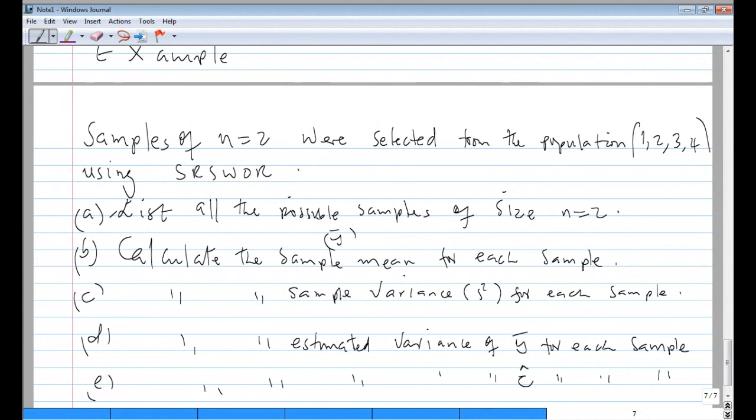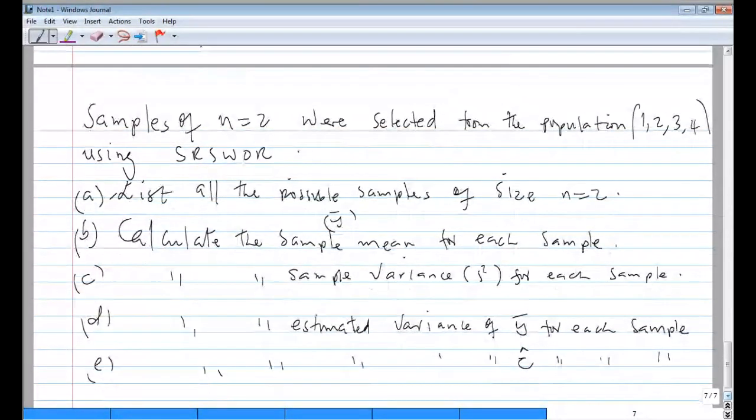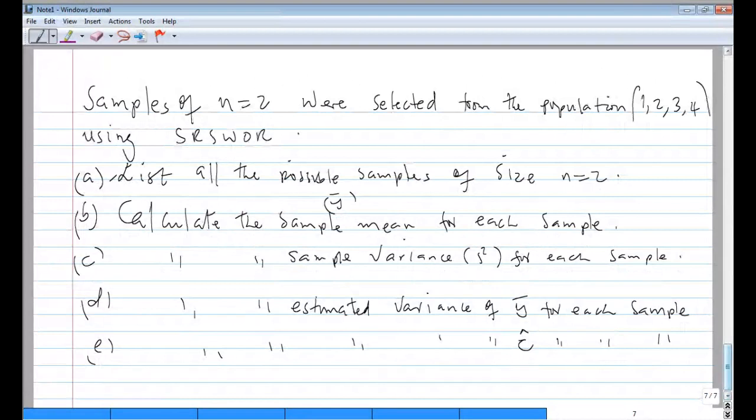I just want to give you a hint, then we will take it from there. These things you are going to do in the form of a table. Student: Sir, can you repeat number E?